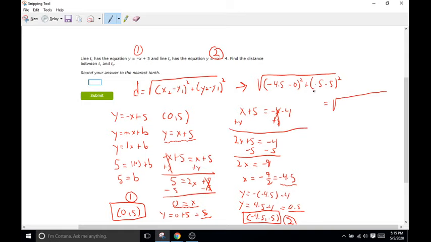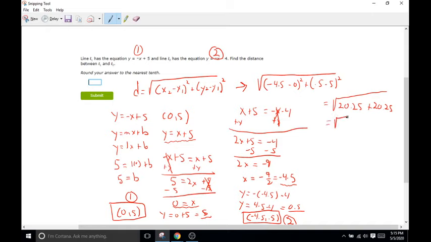So I'm just going to type in 4.5 times 4.5. And that's going to equal 20.25, plus 0.5 minus 5, which is negative 4.5. So just like our other part, we know this part is going to be 20.25 as well.